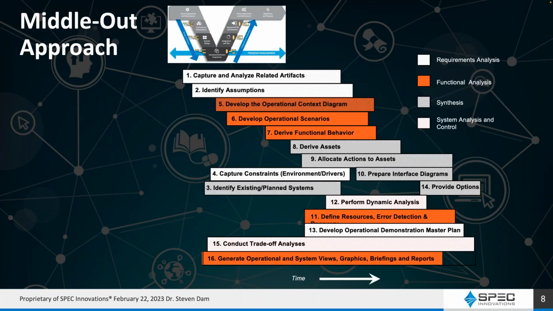So let me talk to you a little bit about our middle out process. If you notice this process, and if you look at the V diagram at the top, the V operation timeline can be very short. I have executed the entire V in the matter of weeks before, depending on what you're building and what the scope of the problem is.